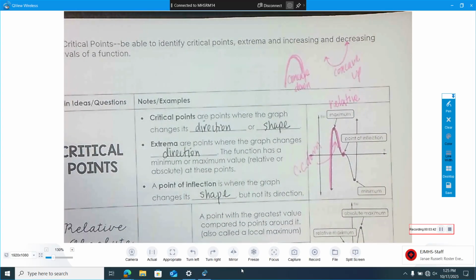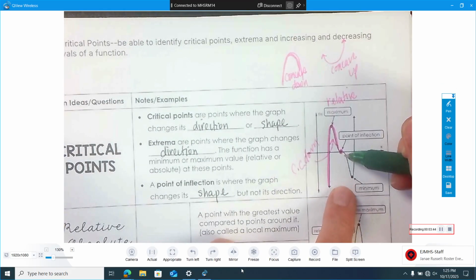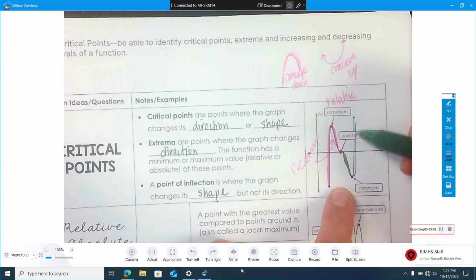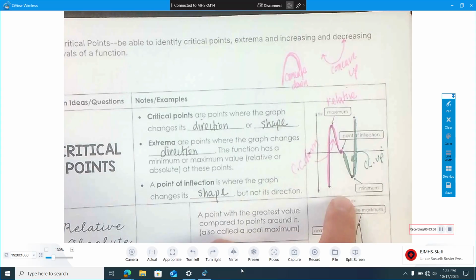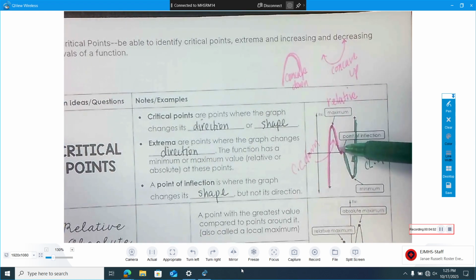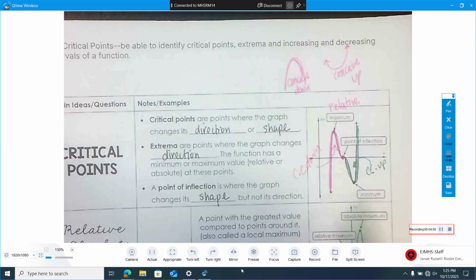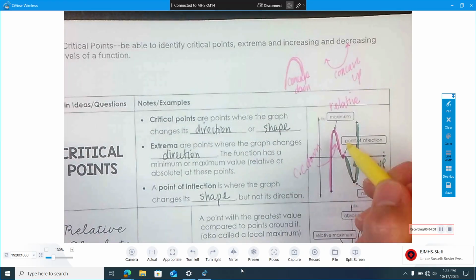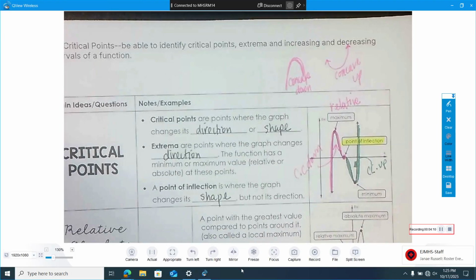But then over here, this side changes, and now you can see the shape is concave up. So it changes shape right here. I'm abbreviating that CC up. And so here when we change from concave down to concave up, that is a point of inflection.